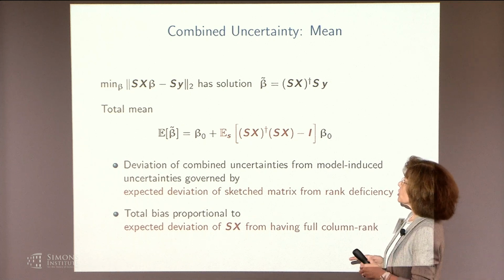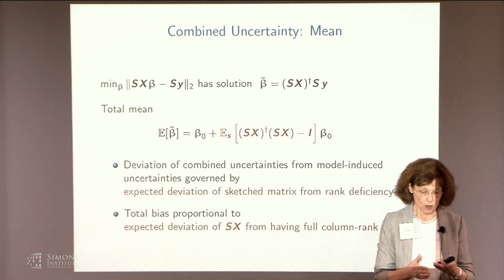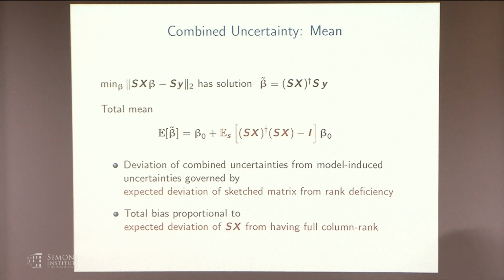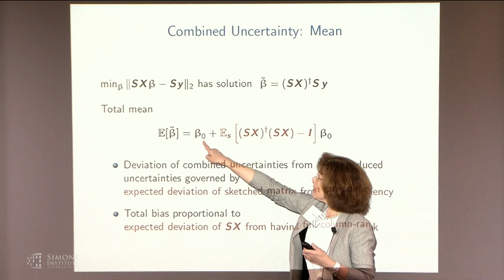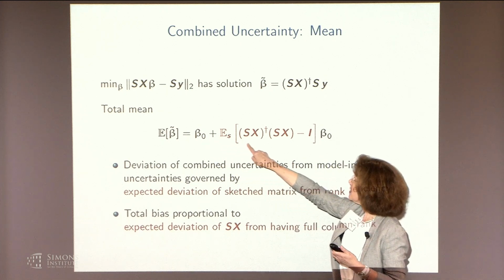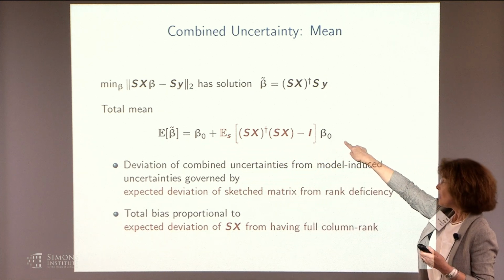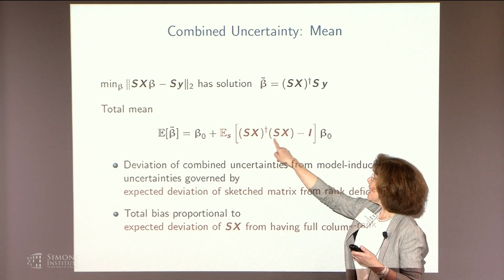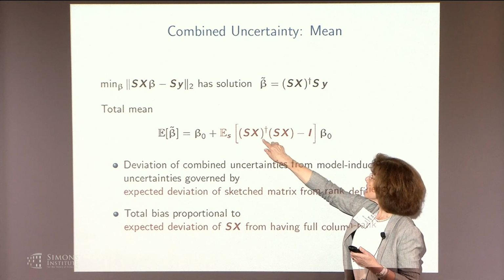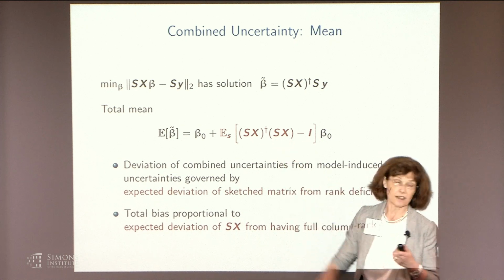So what we can show is the total mean, if we look at the uncertainty from the randomization and the uncertainty from the linear problem. So this is what we would like, and here is what we have. It's the expected value over all instances of S, and then we look at how close that is to being the identity matrix.